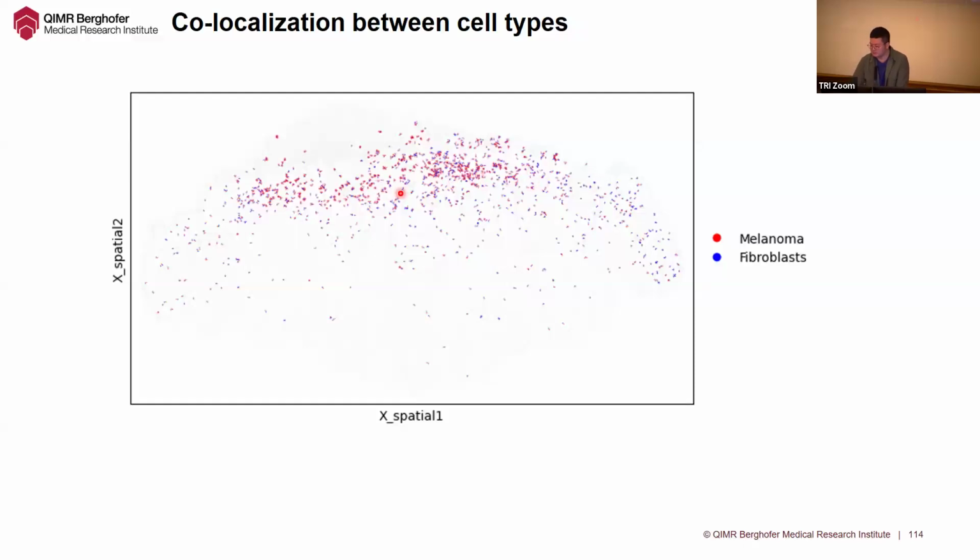And this is quite interesting because normal dermal fibroblasts can inhibit melanoma growth. However, due to the tumor microenvironment changes, the fibroblasts can become cancer-associated fibroblasts, which support melanoma progression and metastasis.